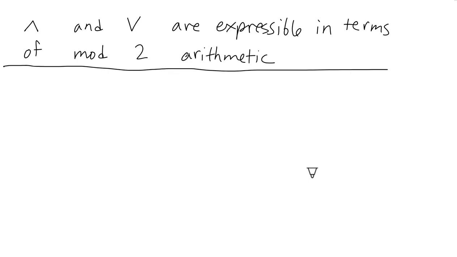Okay, so we're already thinking about ones and zeros here. Now let's think about how we can describe the arithmetic of meet and join in terms of mod 2 arithmetic. For power sets, meet is the same thing as intersection, and join is the same thing as union. Let's start with meet.